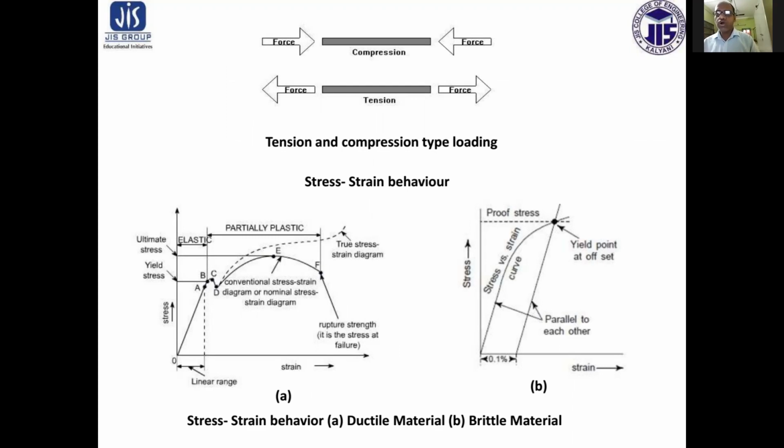This push force is called the compression force, and the corresponding stress and strain generated in the specimen are called compressive stress and compressive strain. While in tension, two equal and opposite pulls are given as shown in this figure. The corresponding force is called tensile force and the corresponding stress and strain are called tensile stress and tensile strain.